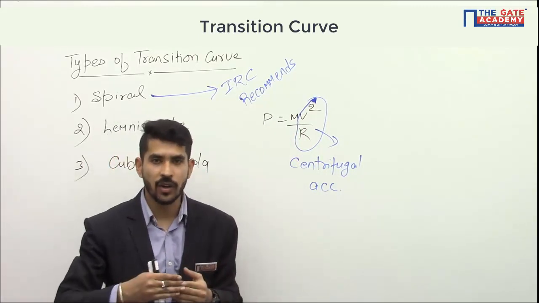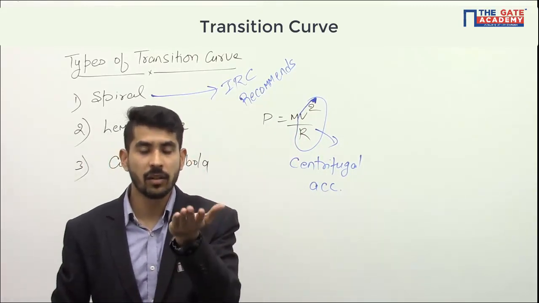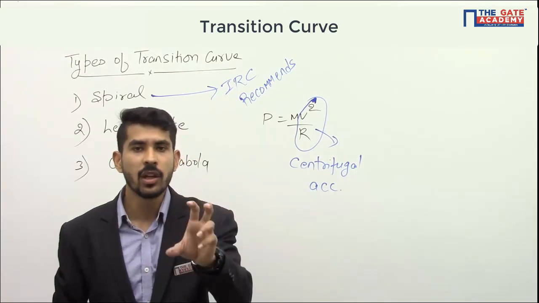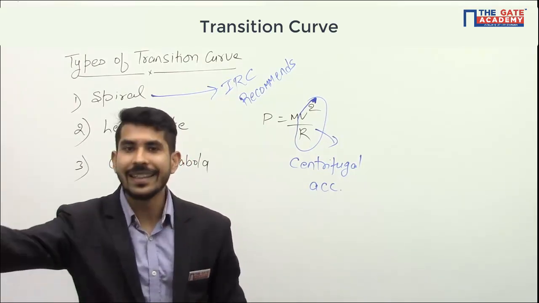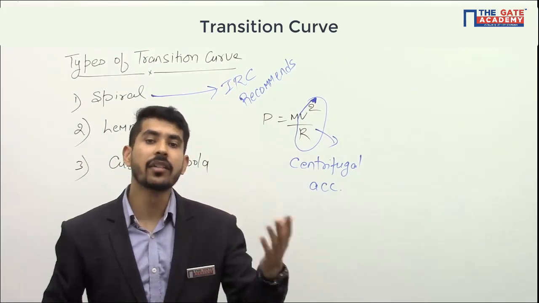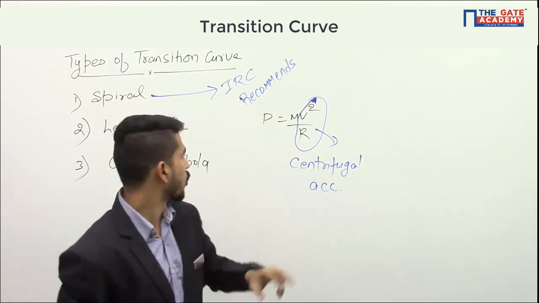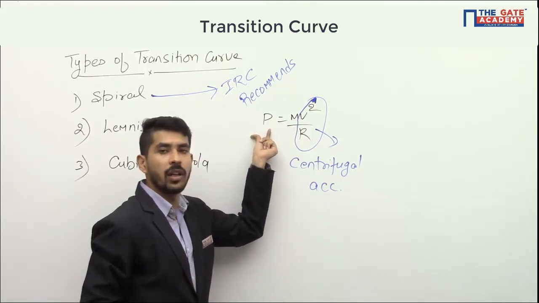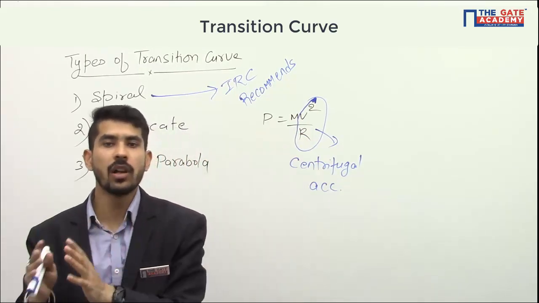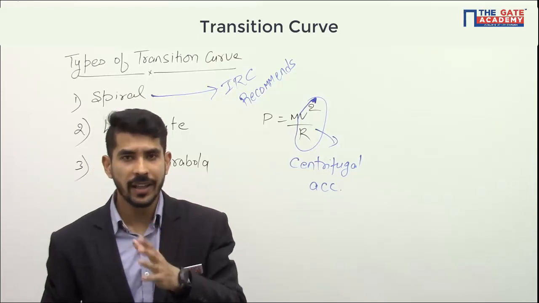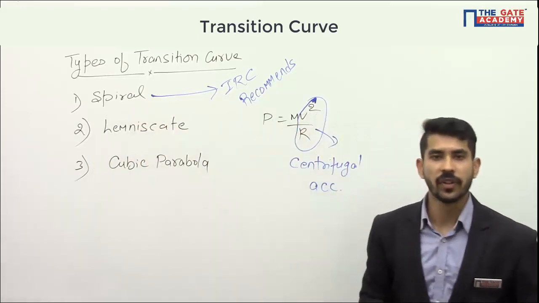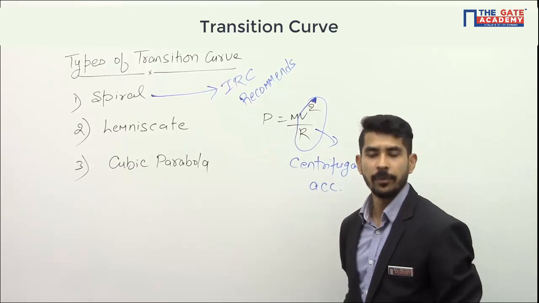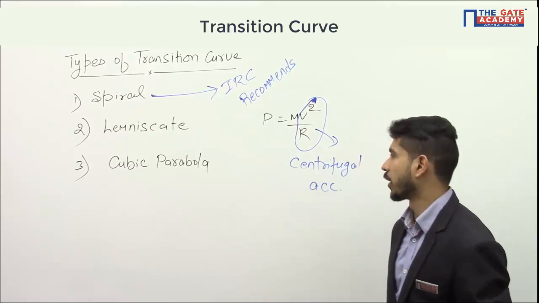Let us suppose for 100 meters, the increase in the centrifugal force was 10 units. In the next 100 meters, again it will be 10 units, right? So by this we can confirm that the rate of change of centrifugal force is gradual on the transition curve. Hence, this kind of geometry is preferred by IRC while designing a transition curve on a circular track.